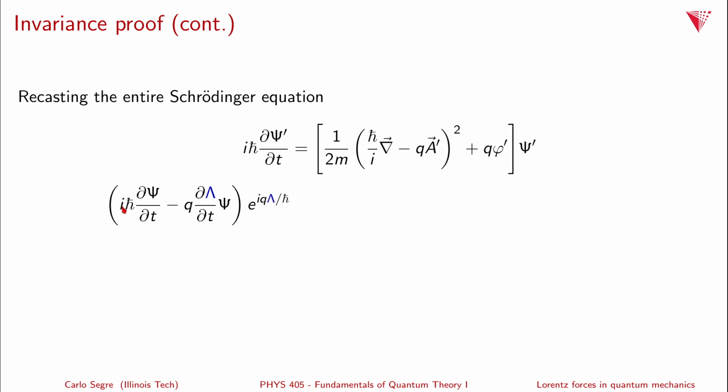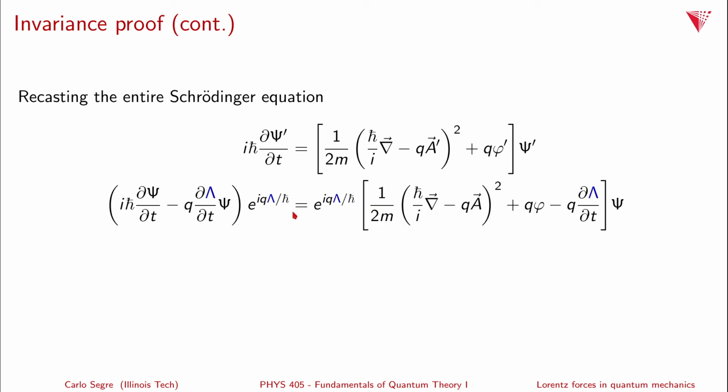So you have iħ ∂ψ/∂t, but its gauge transform ψ′ gives you an additional term, which is −q ∂λ/∂t applied to ψ times e^(iqλ/ħ). And that is equal to, then, this has no time dependence, I guess.